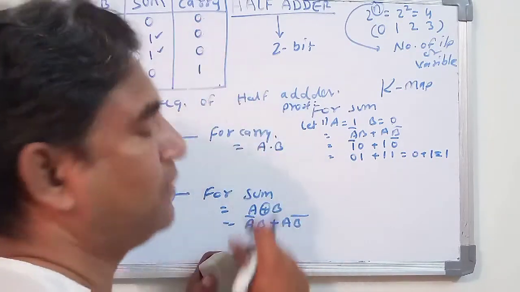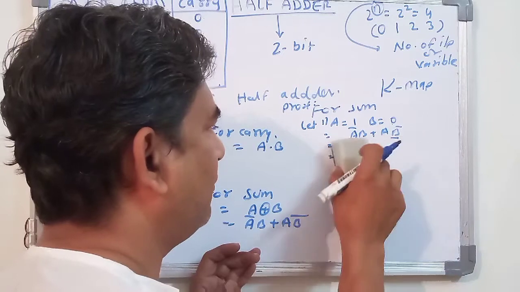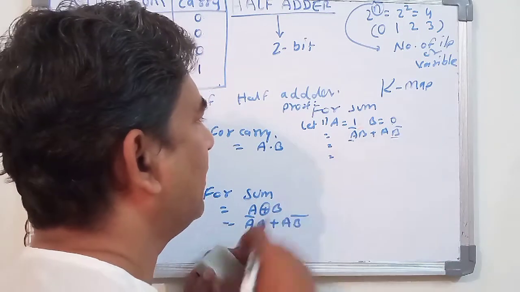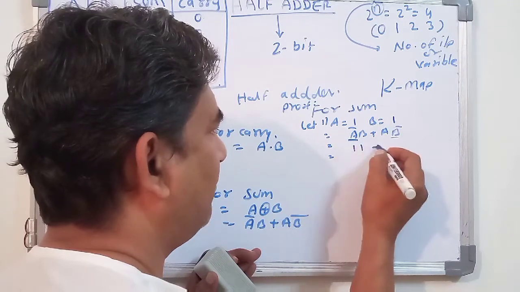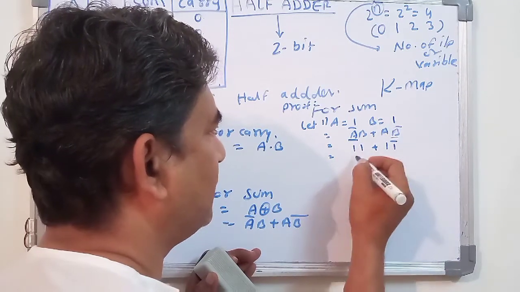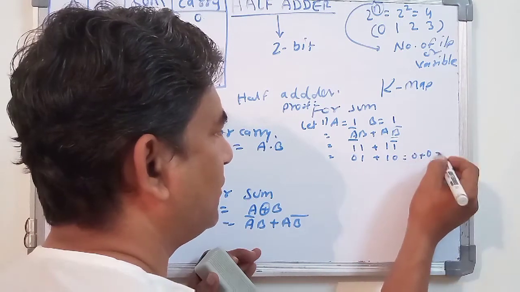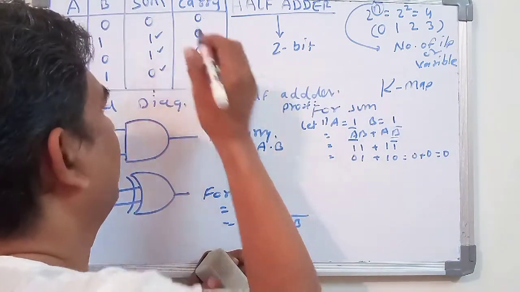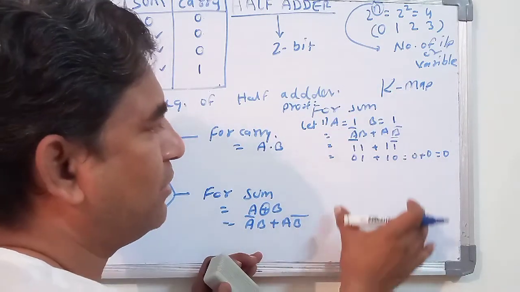The third proof. Then at the last for the sum, a value is 1 and b value is 1. So 1 bar 1 plus 1 1 bar, 1 bar is equal to 0, 0 1 plus 1 0, 0 plus 0 is equal to 0. The fourth proof.